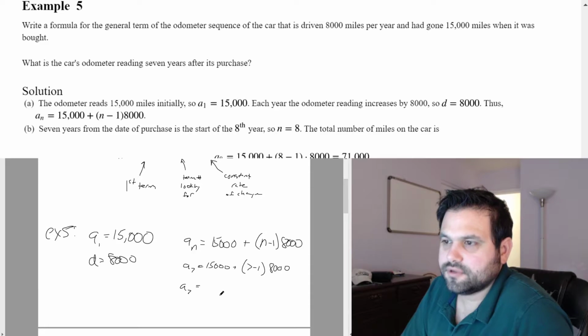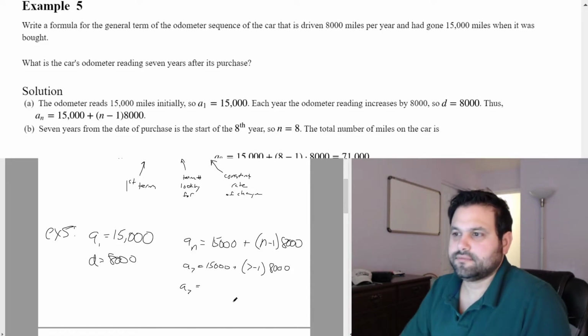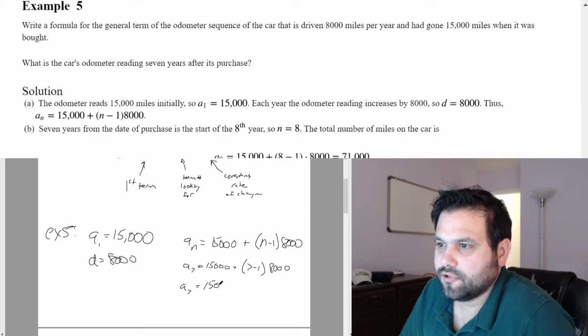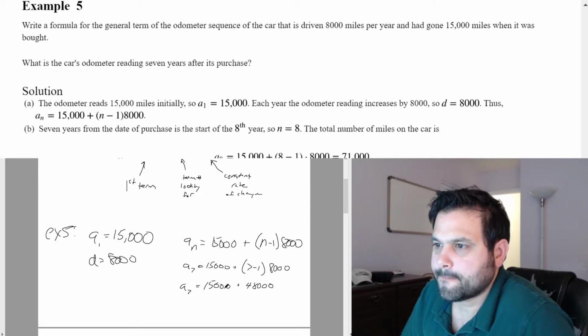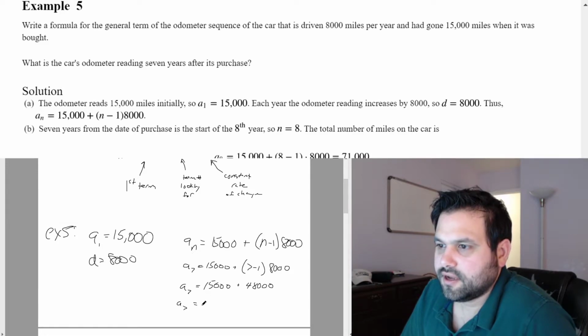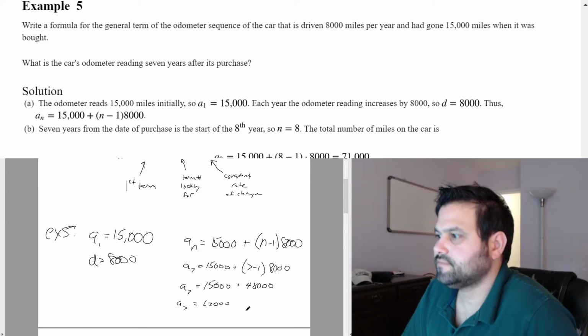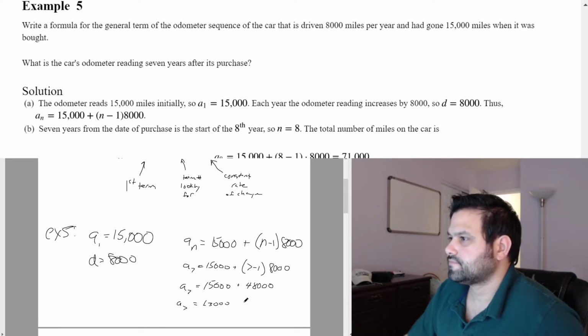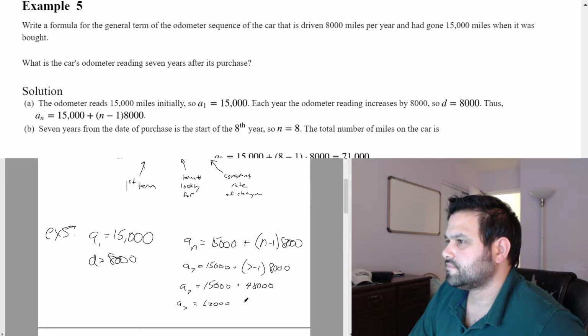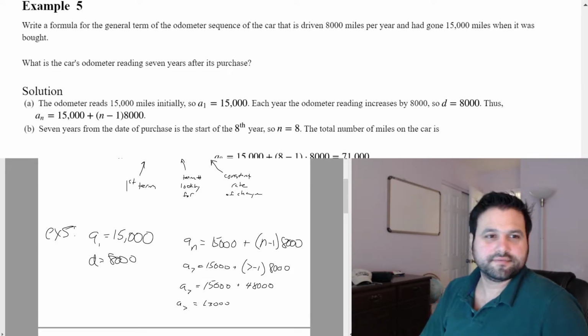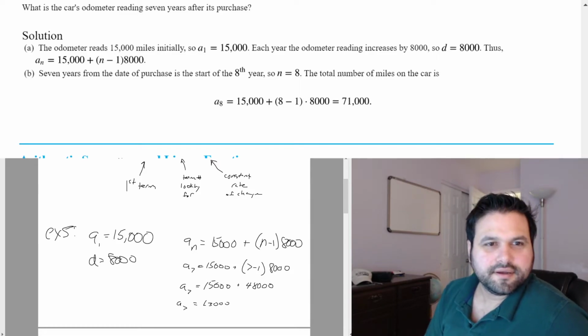So a sub 7 equals, what's 6 times 8,000? 48,000, right? And what's 48,000 plus 15,000? 63,000. Yes. Awesome. Ah, okay. So the book, interesting.